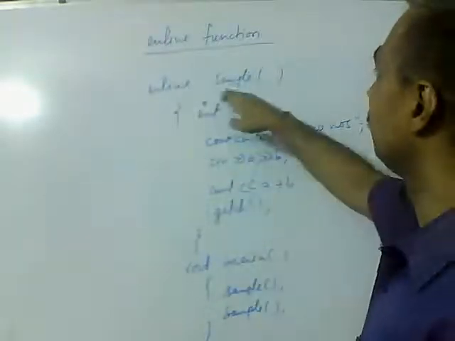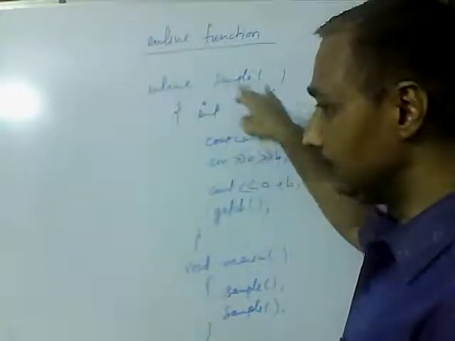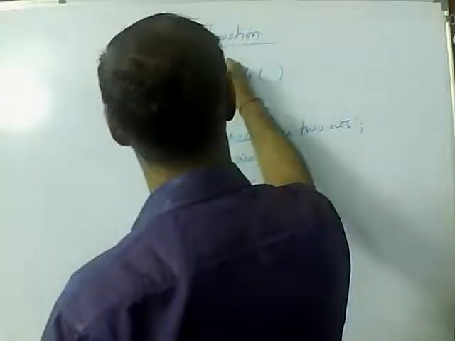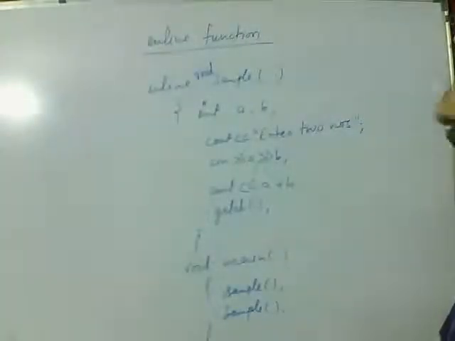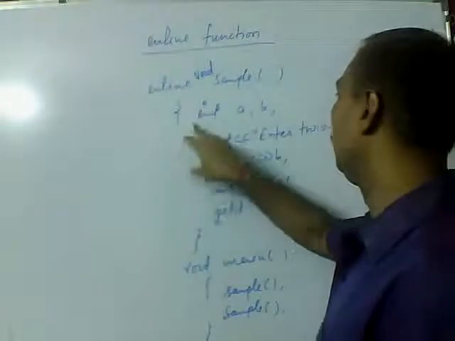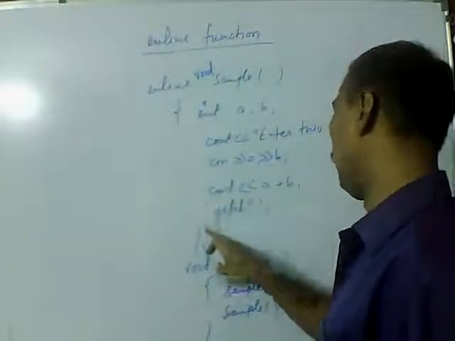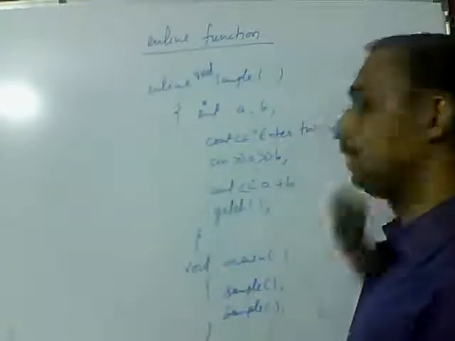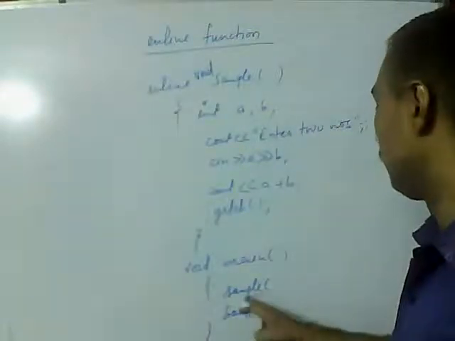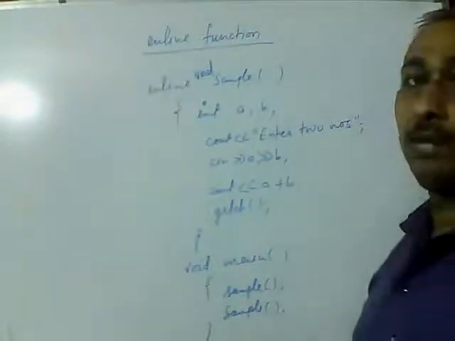I have defined simple function as inline. void sample is an inline function, and I have defined 1, 2, 3, 4, 5 lines in the body of this function, and I have called simple function 2 times in main.